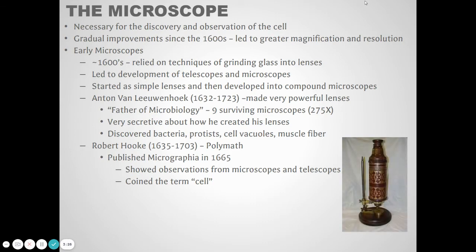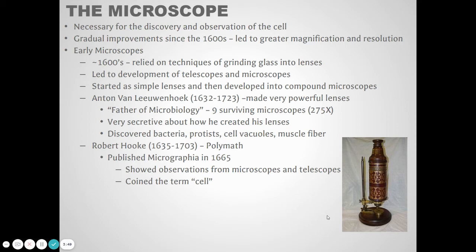Okay, here's another type of microscope from that era. It looks more like what you're probably familiar with, where you have a lens you look through, another lens at the bottom, and the sample goes here at the bottom. Another scientist was Robert Hooke.